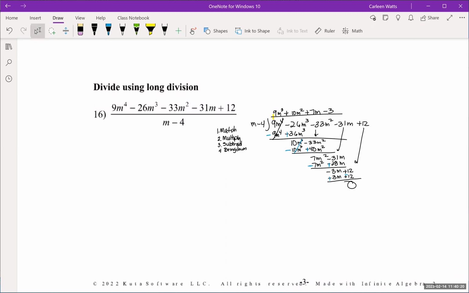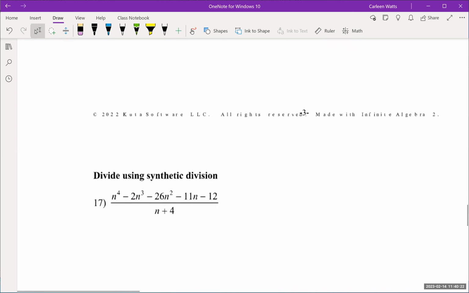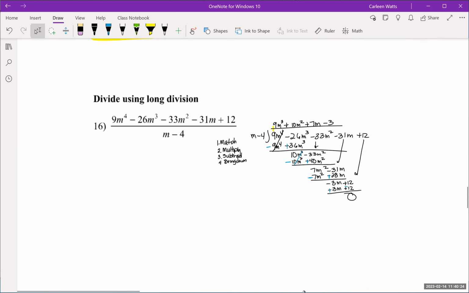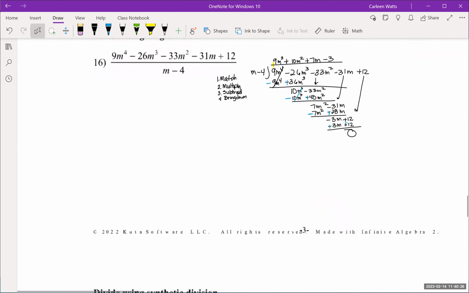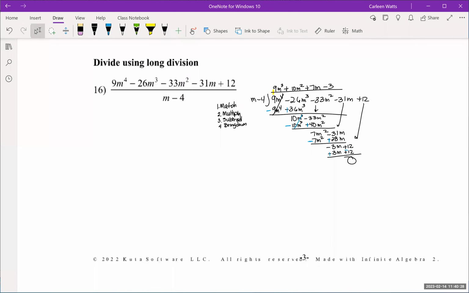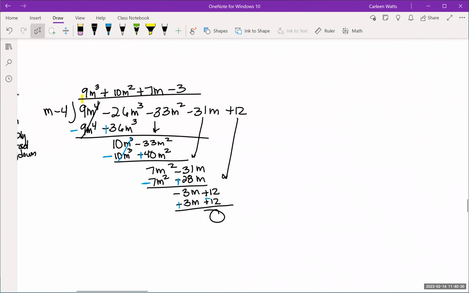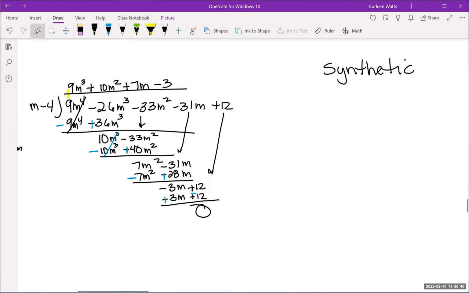Okay. Now, there's another way to do this called synthetic division. So we're going to do this one with synthetic division.